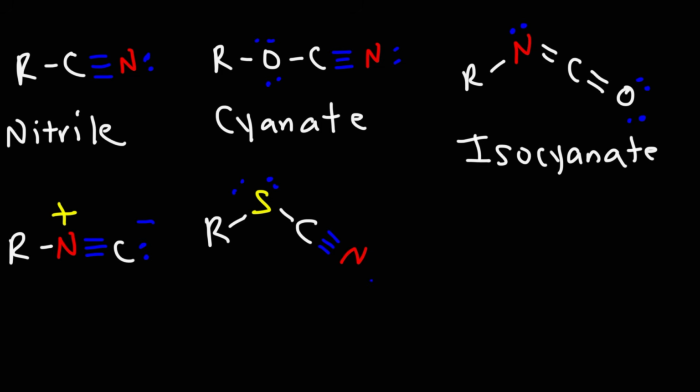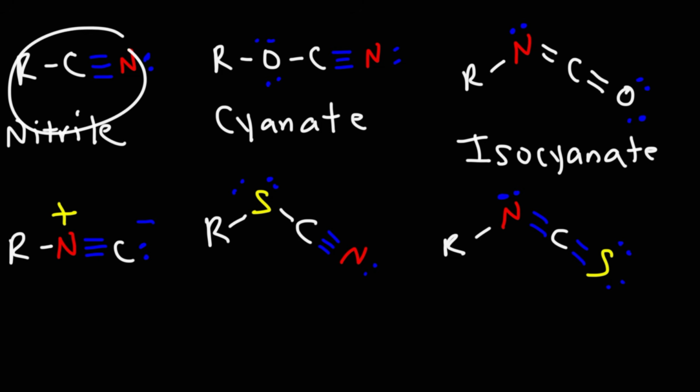What do you call that? And for isocyanate, what if we replace the oxygen with the sulfur atom? What will be the name for that new structure? So on the left, instead of nitrile, this becomes isonitrile.